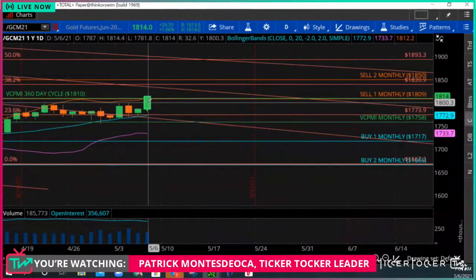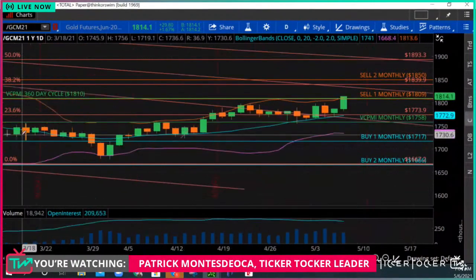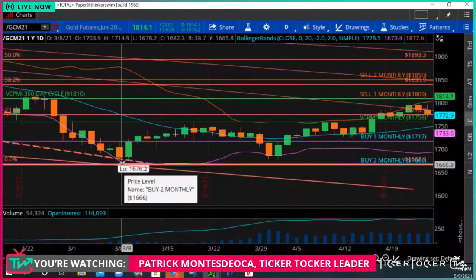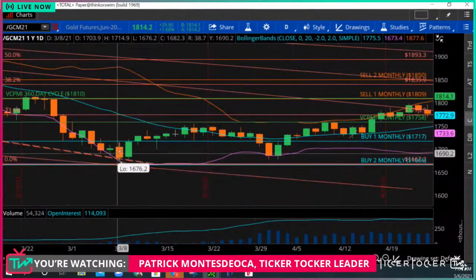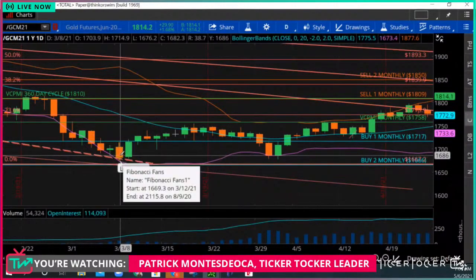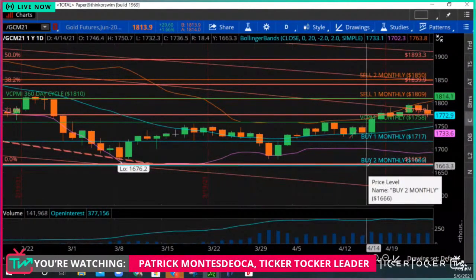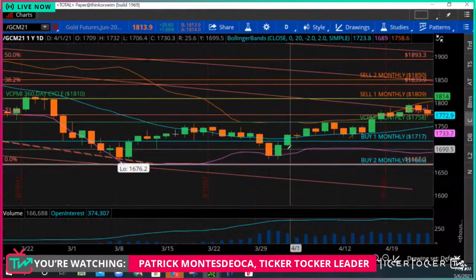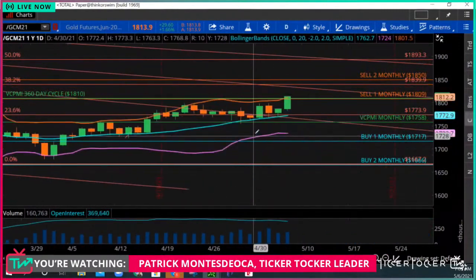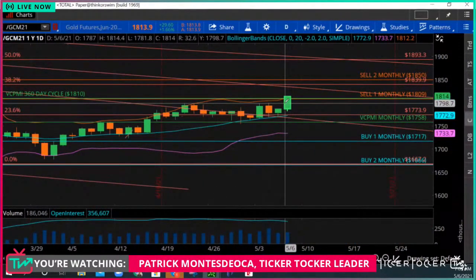In this case, it's activating the 360-day bullish price trend momentum, negating this bearishness that occurred and reverted from a low of 1676 on March the 8th, which coincided with the monthly buy two levels of 1666. And the target has been completed.